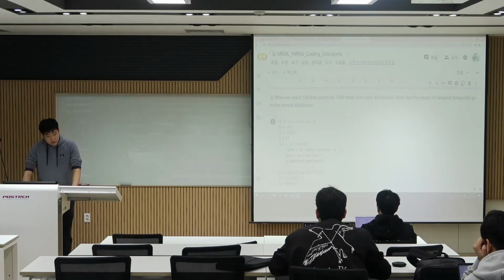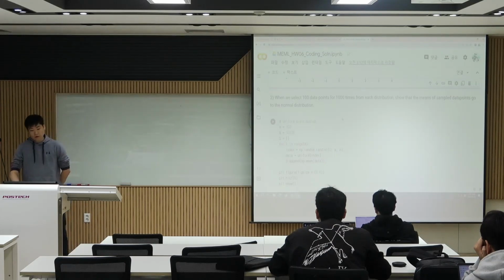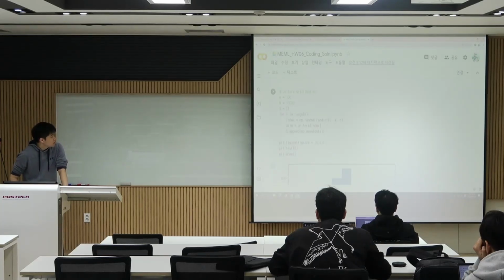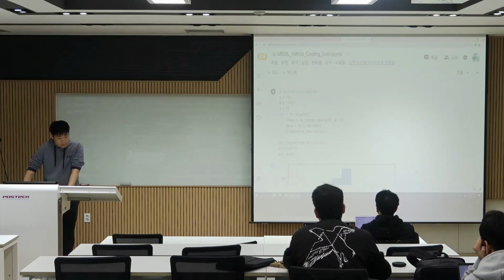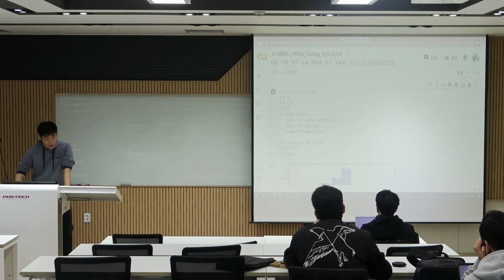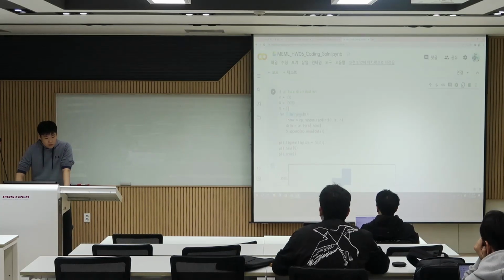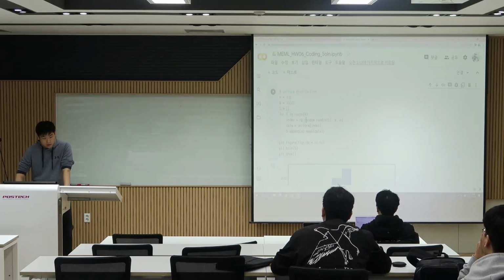The second part is we need to select 100 data points 10,000 times for each distribution and show that the mean of the sample data points goes to a normal distribution. So first we repeat it 10,000 times, and we select 100 indexes from the data we just created above.